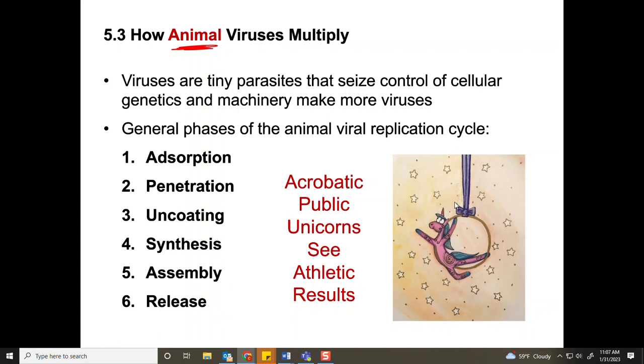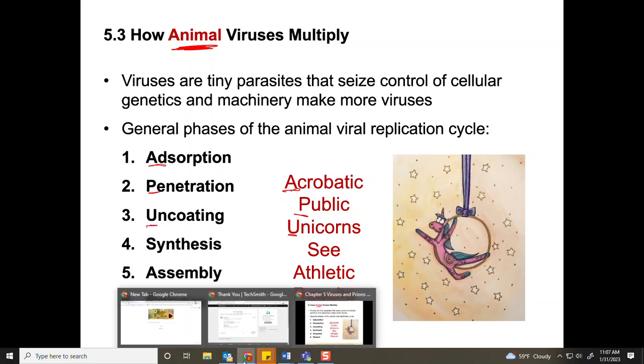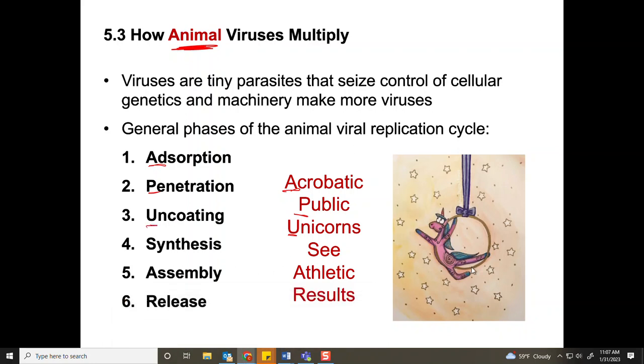So you can use whatever mnemonic you want. This is just something I came up with. But what it's telling me is each one of these letters at the beginning is representing one of these steps to the left in order. So it gives you a way to help you remember something else. So the A here in acrobatic will stand for the A in absorption, public, penetration, unicorn, uncoating, and so on and so forth. And maybe this little silly picture will help you remember it too.